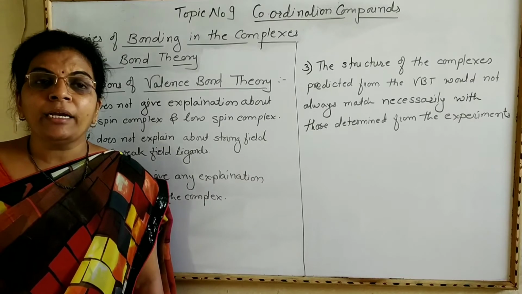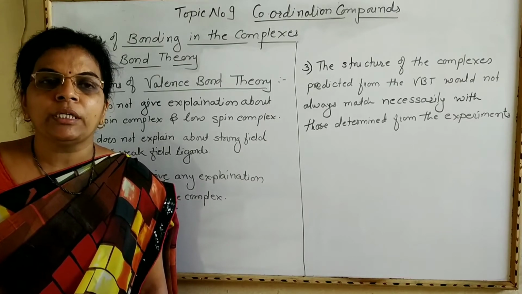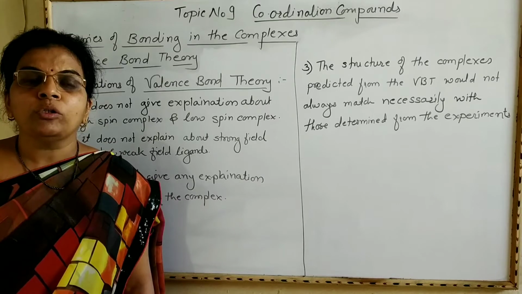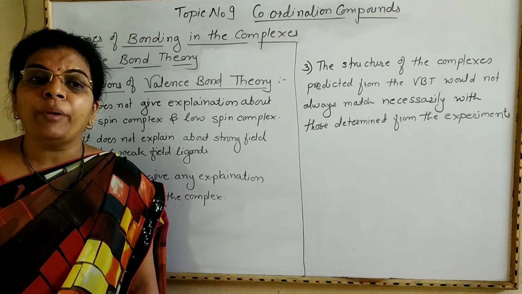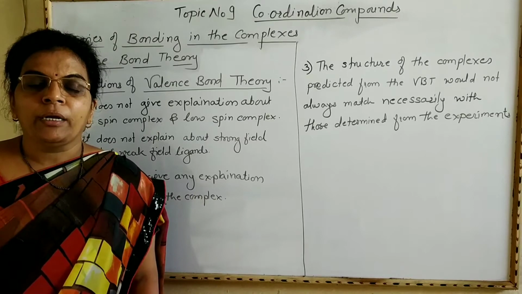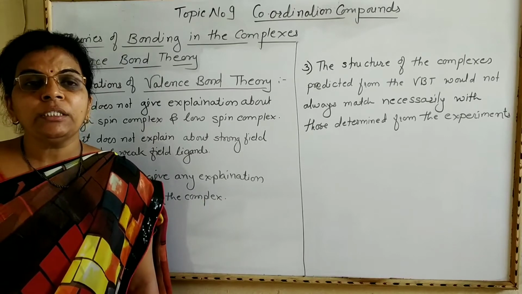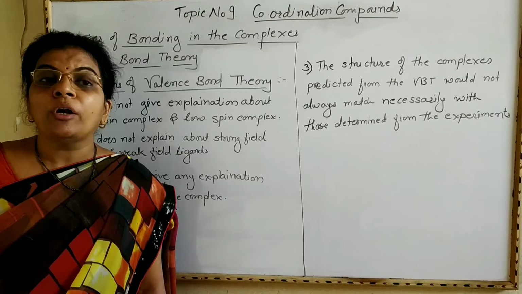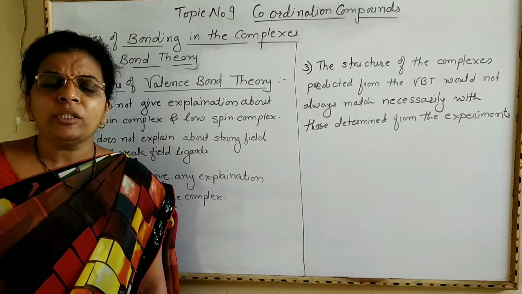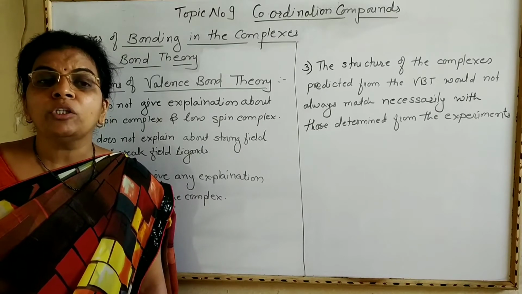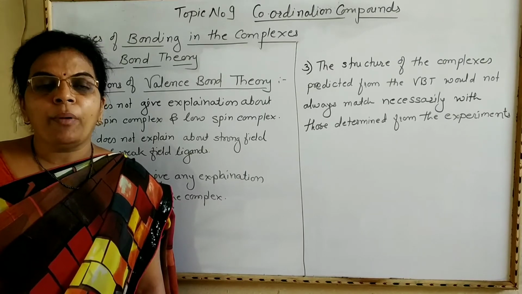In low spin complexes, the d electrons of metal ion undergo pairing, and in high spin complexes, these 3d electrons do not undergo pairing. Valence bond theory does not give any explanation about this.